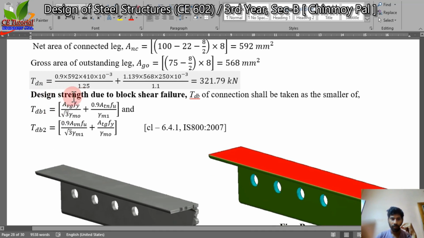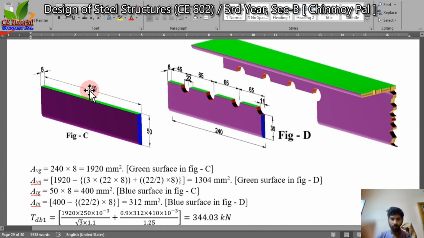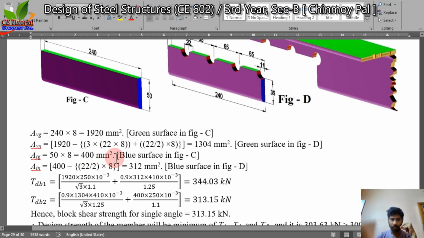Now the design strength due to block shear failure we have to calculate. So in this figure you can see the green surface is the AVG and this blue surface is the ATG and this green surface is AVN and this blue surface is ATN.